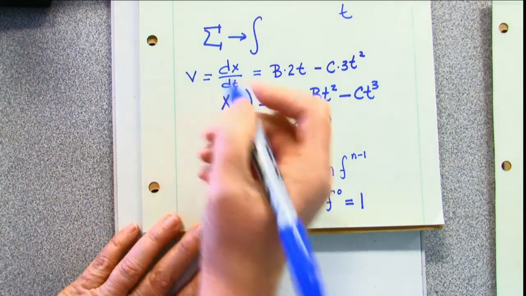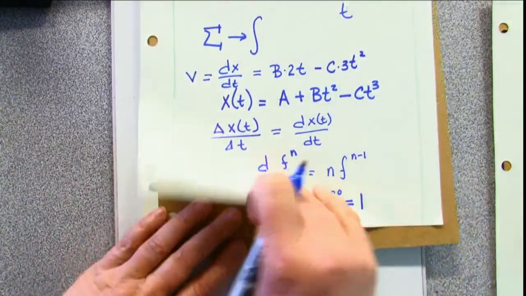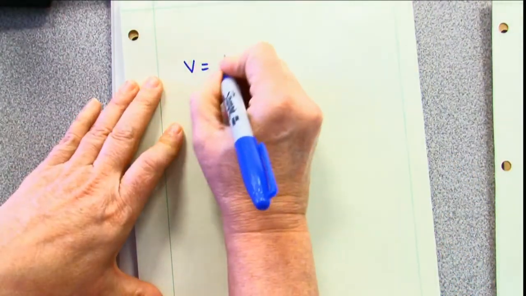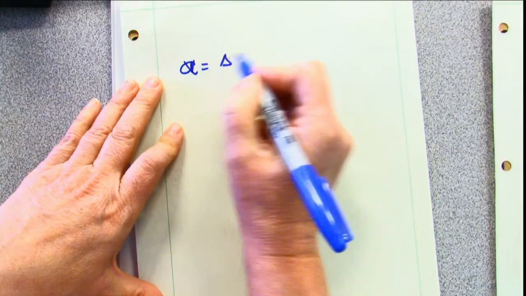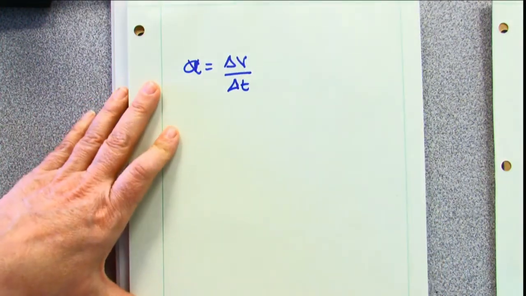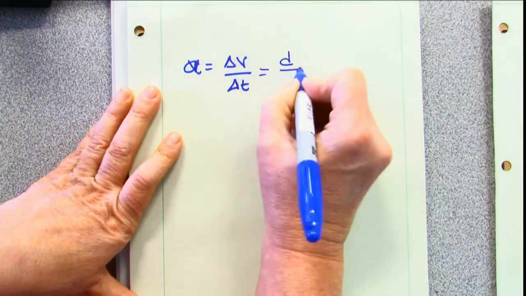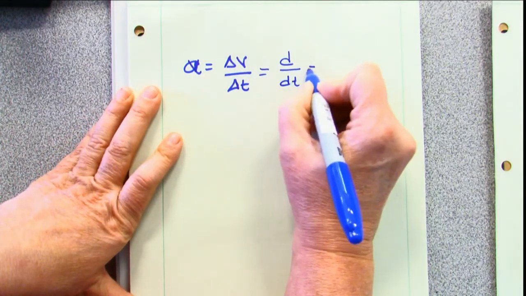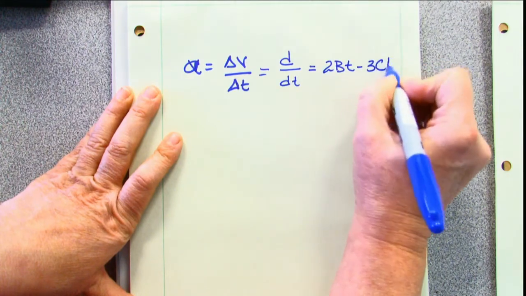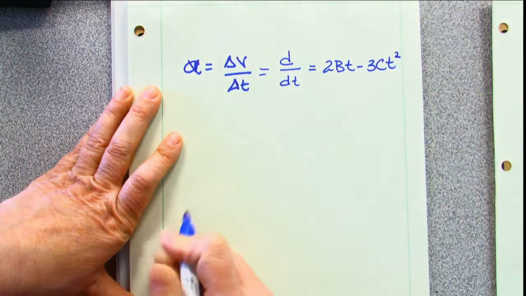Well, now we also know from last week that acceleration is a change in velocity with respect to a change in time, which means I can take that derivative of my velocity equation, which we now just calculated as 2bt minus 3ct squared.